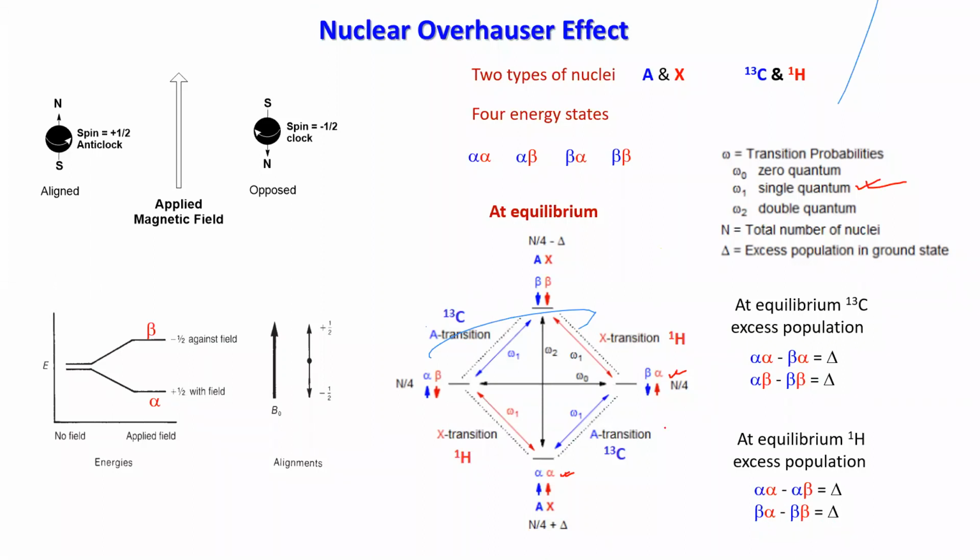So what we have obtained at equilibrium is that for both the proton and the 13C, or the X and A nuclei, the relatively lower energy state has excess nuclei, in this case equal to del.